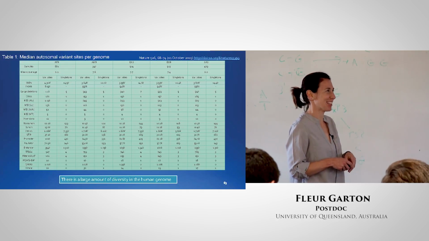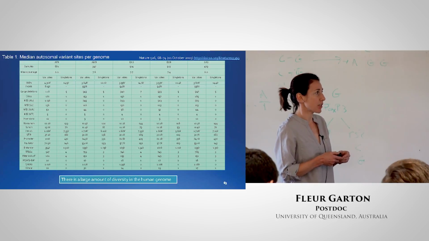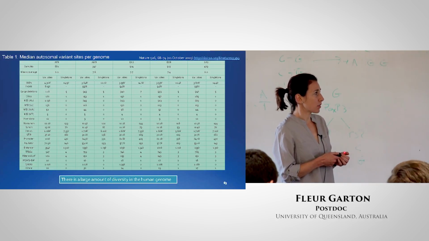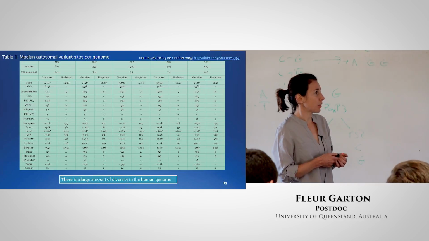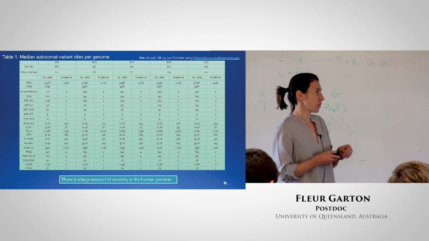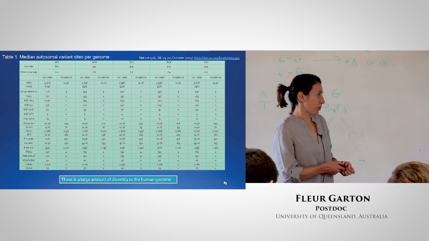South Asian, maybe. So here you've got the mean coverage, the number of samples in each population, the variable sites, and whether these are singletons or not. So you've got SNPs, which can vary across populations. You've got the number of indels, so insertion deletions. Large deletions are also approximately 1,000, and you can keep going down.